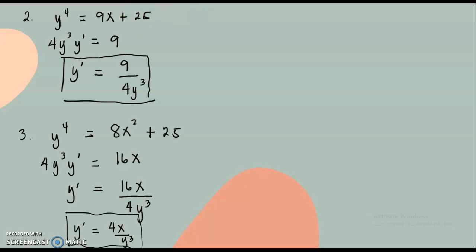Okay, another example. Okay, number 4. Find the derivatives using implicit differentiation. We have x to the fifth equal to a y to the fourth, from the book of Dr. Panopio, Simplified Differential Calculus for Engineering and Sciences. Okay.